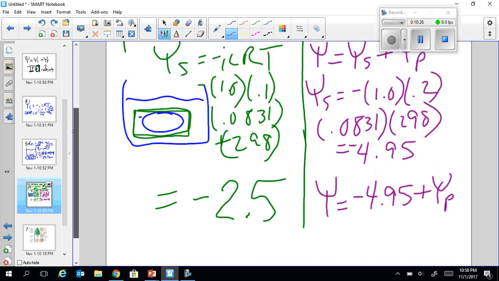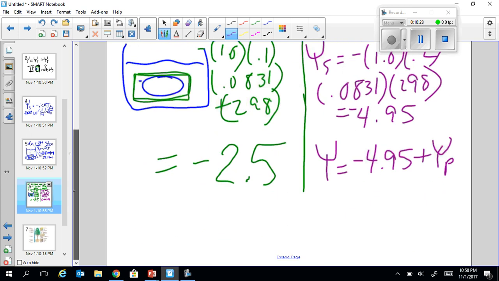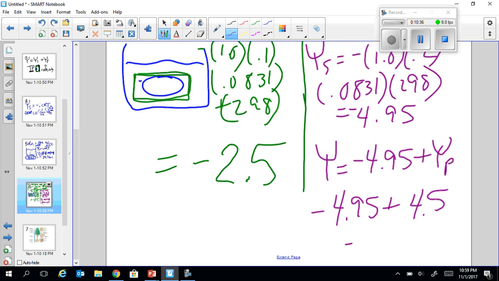So I go back up and I see what the pressure was, and it was 4.5. So negative 4.95 plus 4.5 is going to be equal to negative 0.45.